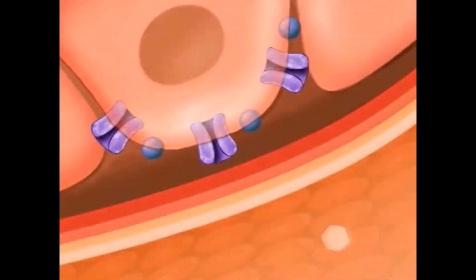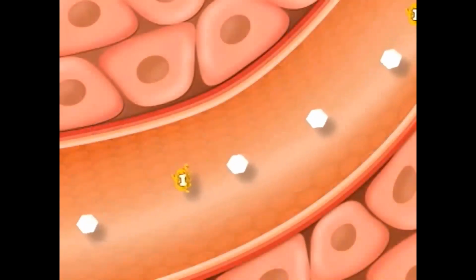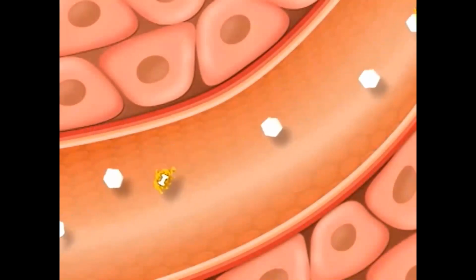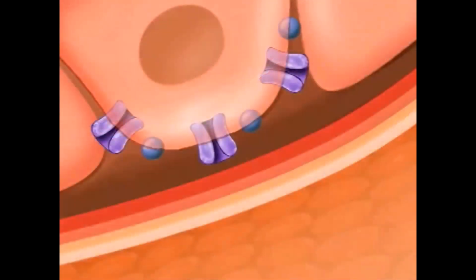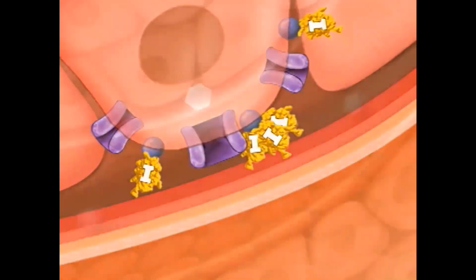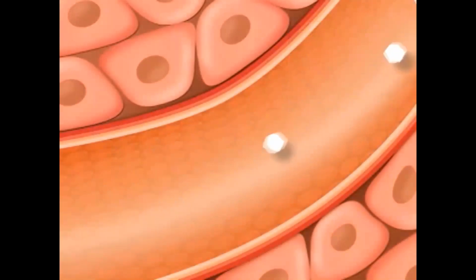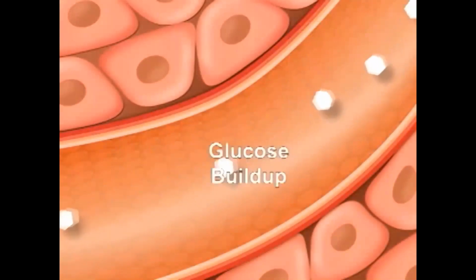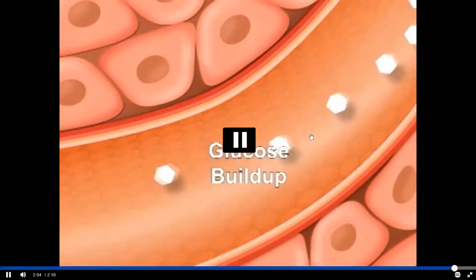Without insulin, the glucose can't get into your cells. If you have type 2 diabetes, your pancreas secretes less insulin than your body requires because your body is resistant to its effect. With both types of diabetes, glucose cannot be used for energy, and it builds up in your bloodstream, causing potentially serious health complications.